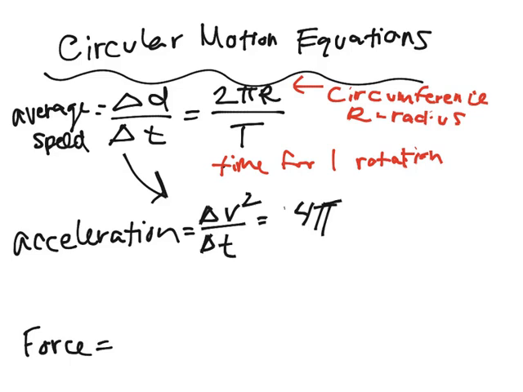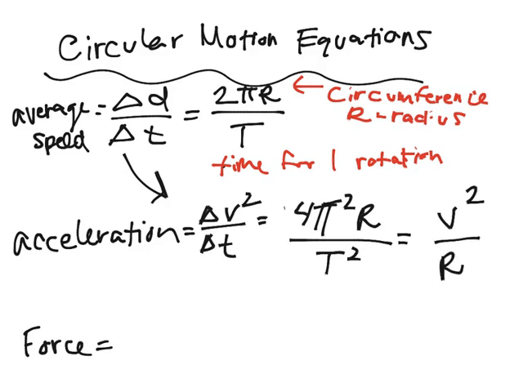4 pi squared r, because we squared it: 2 squared is 4, pi squared is pi squared, and then this r, and then we're going to divide it again by that T, but we squared it, so T squared. This is one way for acceleration. The other one would be, we can just say our velocity or our speed squared divided by how far it goes, the radius.